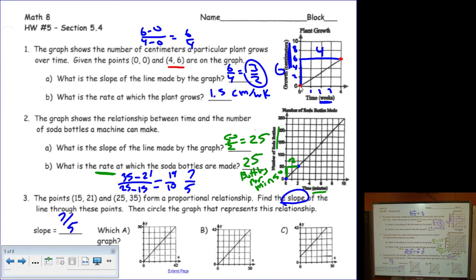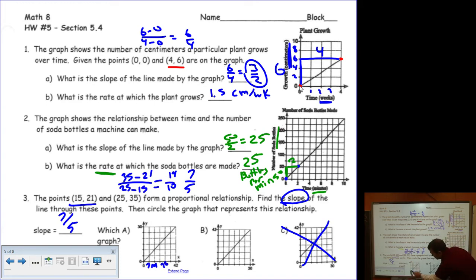And which is the graph? It's definitely not this one, because this one is not proportional. It's one of these, and I could just look and see where this point is. In A, the x's, 1, 2, 3, 4, 5, 6, are going by sevens: 7, 14, 21, 28, and so on.